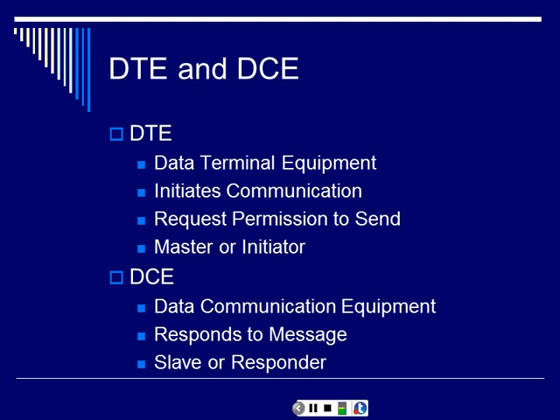It's the initiator. It is the transmitter. The DCE is the data communication equipment. It's the receiver. It's the responder. It's the slave. It accepts the commands, but it doesn't initiate the commands. Everybody okay? So it's that, okay, I'm ready.